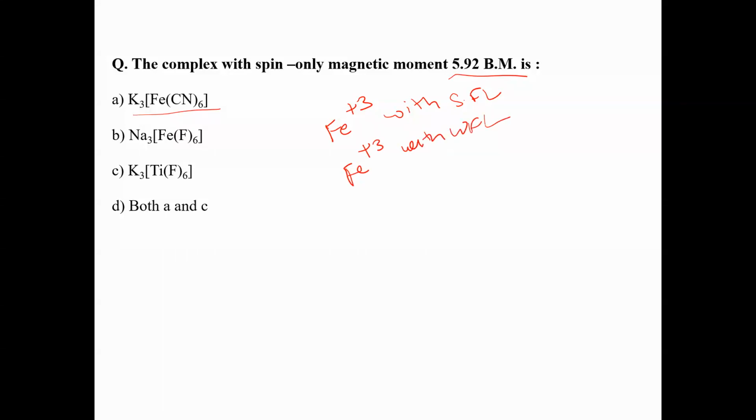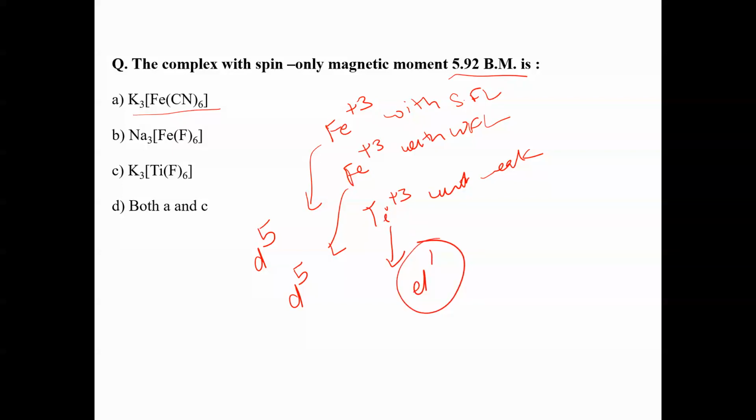And in the third one, it is titanium plus 3 with a weak field. So what will be the electronic configuration here? It will be d5, and here it is also d5. And what about this one? It will be d1. So this will not be an answer.